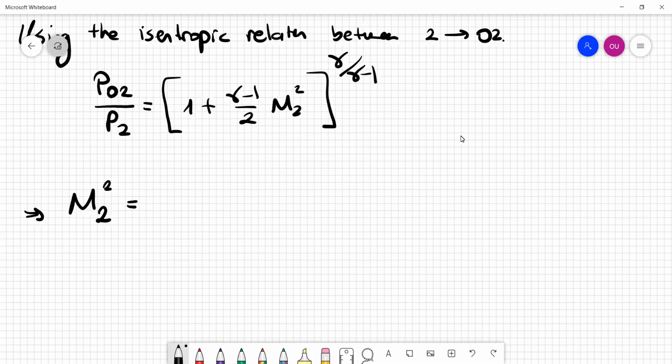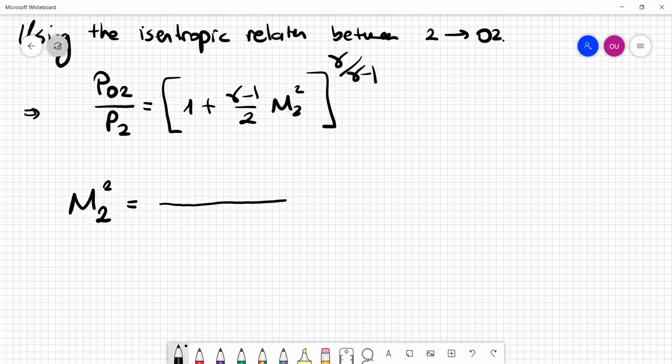In addition to this equation, and then I will combine these two equations later, what I also know is that the Mach number after the shock wave, we have learned, is also related to the Mach number before the shock wave.